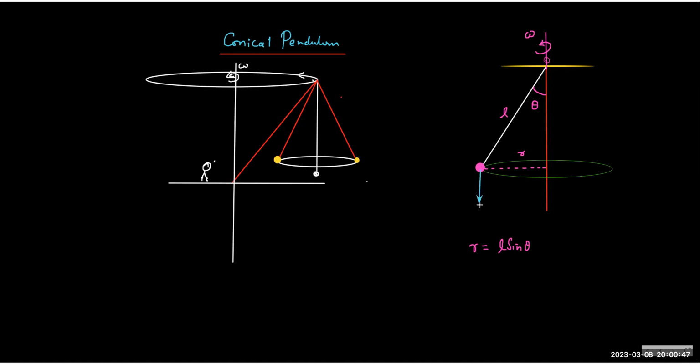Very good. So gravity will act vertically downward, and tension will act towards the point of suspension. This is called point of suspension. So tell me, guys, which force will balance out each other and which force will provide the required centripetal force? I think that's very obvious.